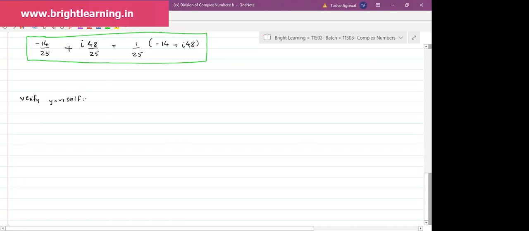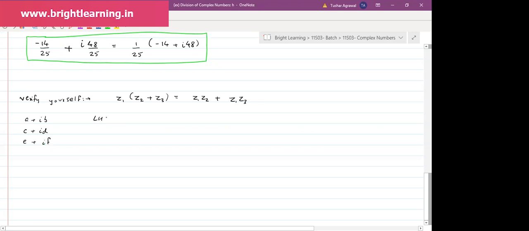Verify yourself that the distributive law holds true in multiplication: Z1 times Z2 plus Z3 is in fact Z1 Z2 plus Z1 Z3. So just take three complex numbers: A plus I times B, C plus I times D, E plus I times F. So what do you have to verify?